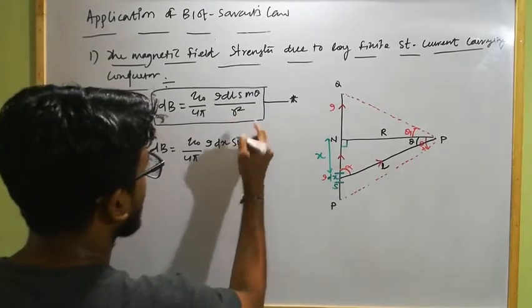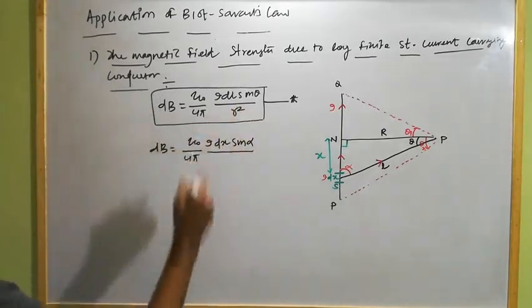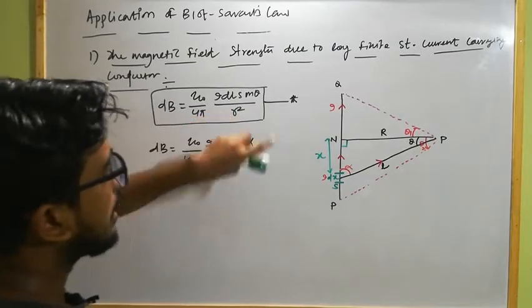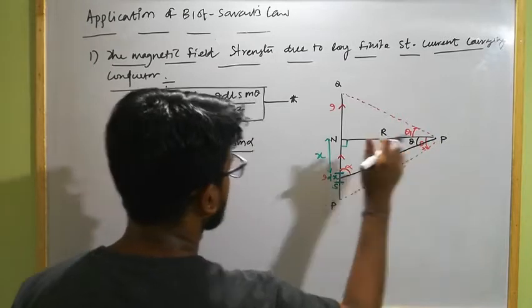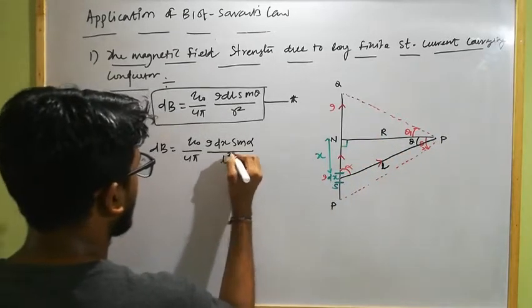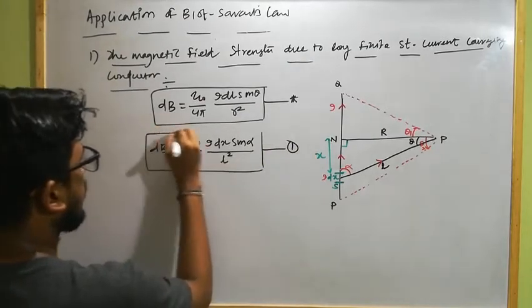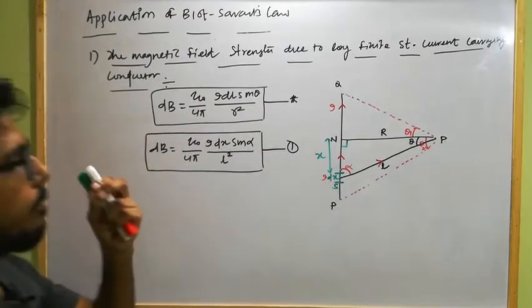So here it will be sin alpha divided by r square, the distance square between the current carrying element and the point of observation. Here that distance is L, so it will become L square. Let it be equation 1. This is the expression for magnetic field strength at point P according to Biot-Savart's law.